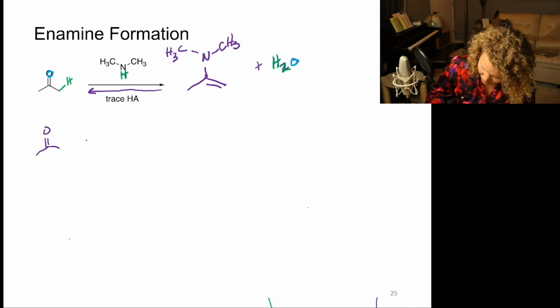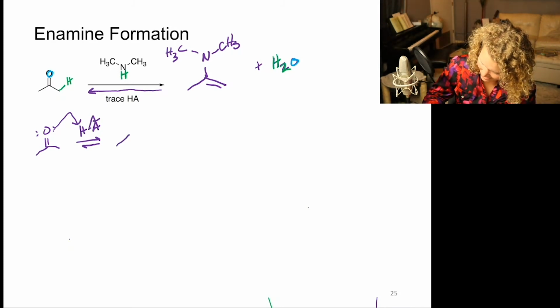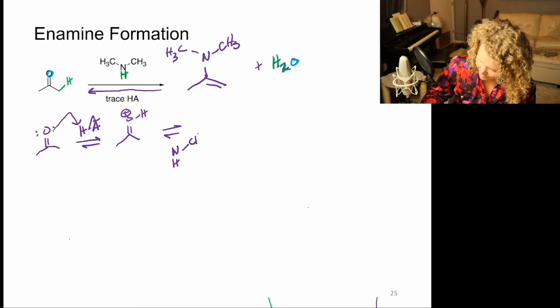Starting with our ketone, in the presence of acid, we're going to do what we've done before with reversible reactions of carbonyls in acid. We're going to protonate our carbonyl. This is going to make it more electrophilic. We're going to now add our secondary amine.